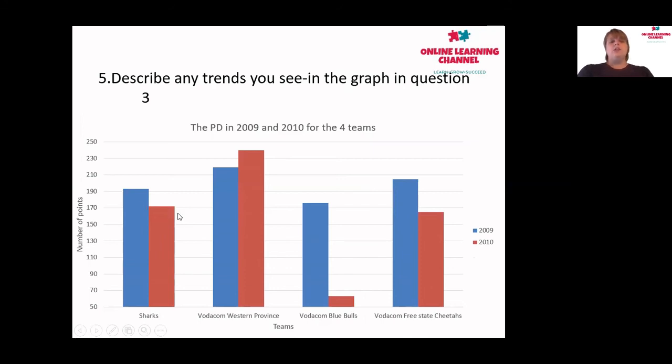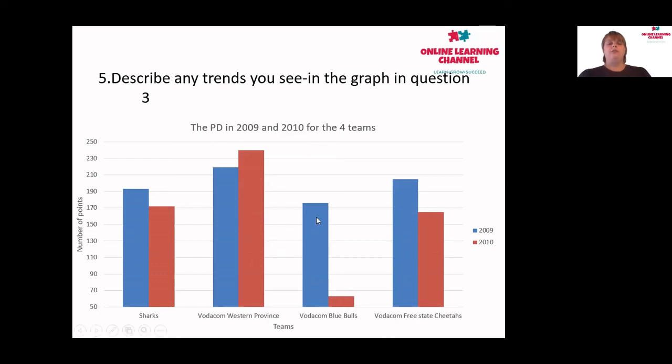So that means they did overall better in 2010. Again, the difference here, Vodacom, VP, they have more points difference. In other words, their points for them was more of a difference in 2010.